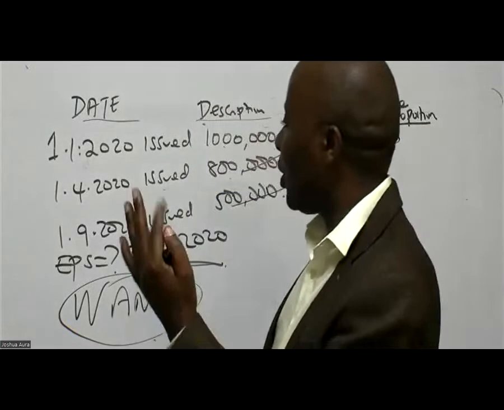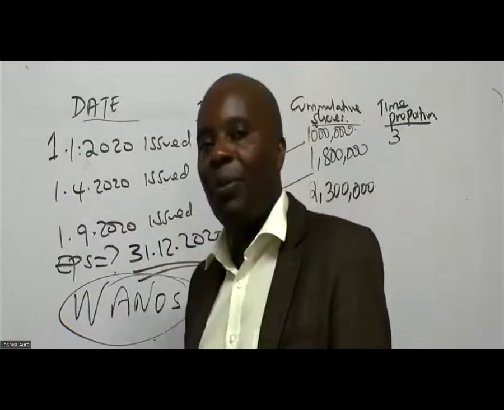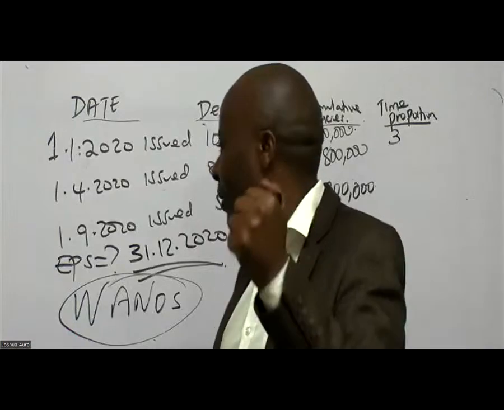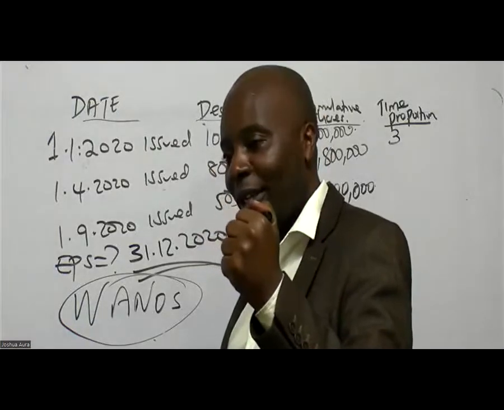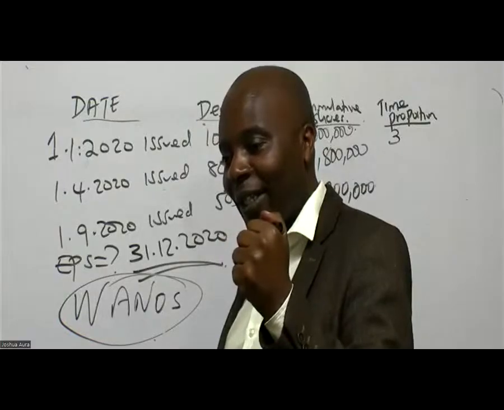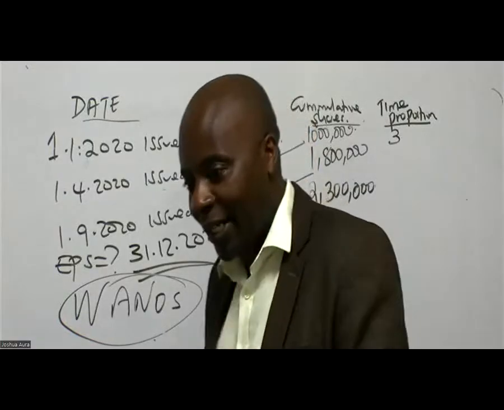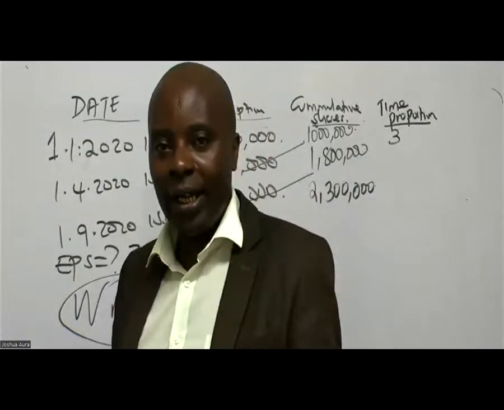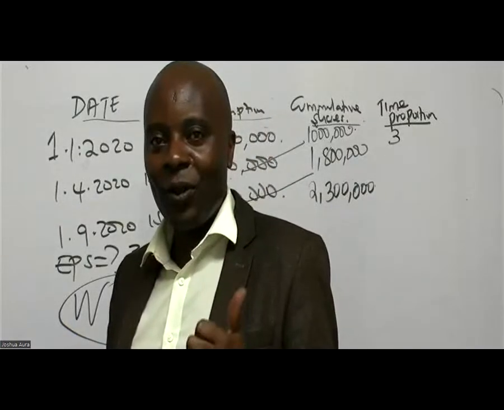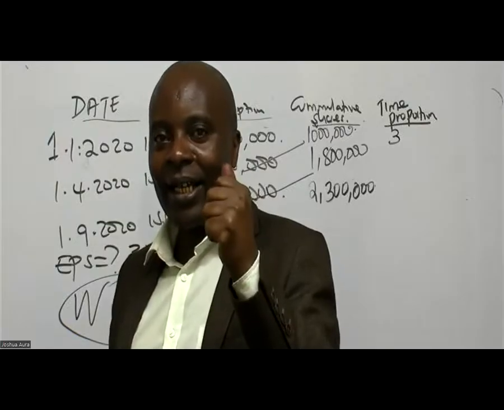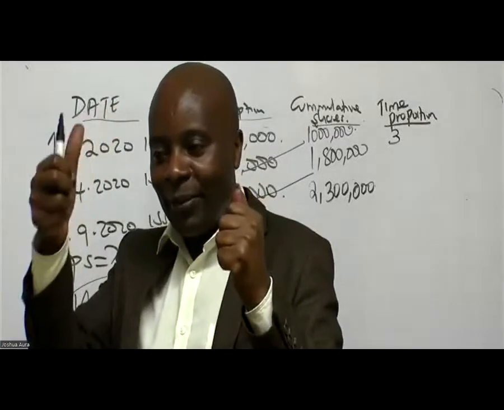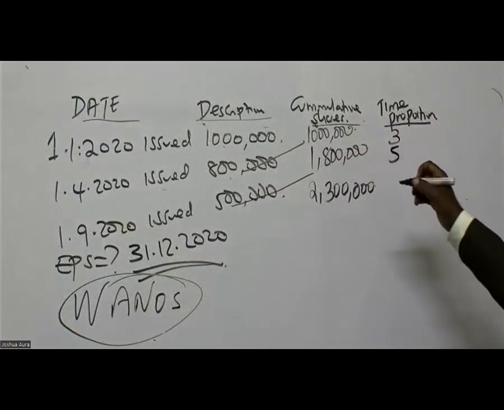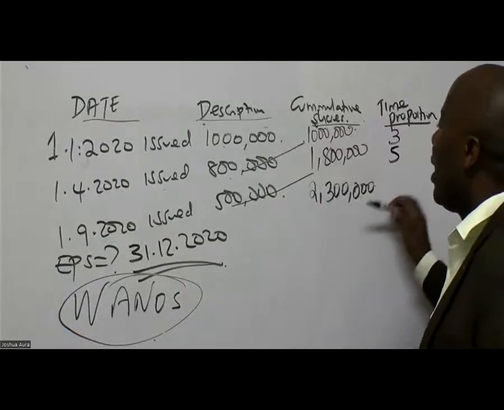Count very well: April, May, June, July, August. Don't count September. It's 5. You guys are right.